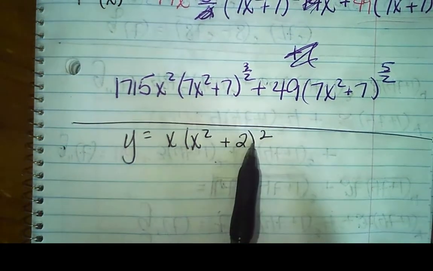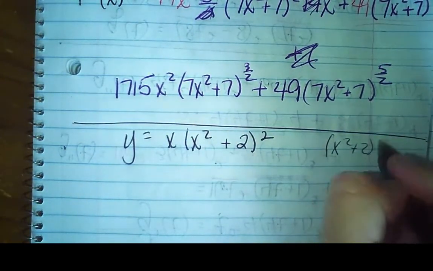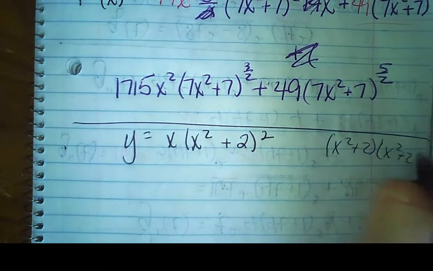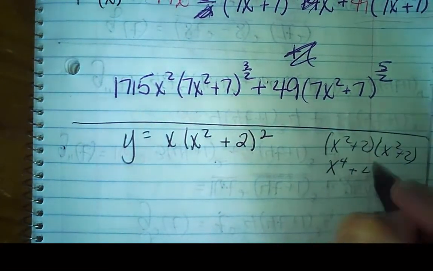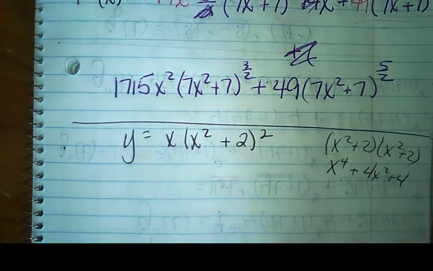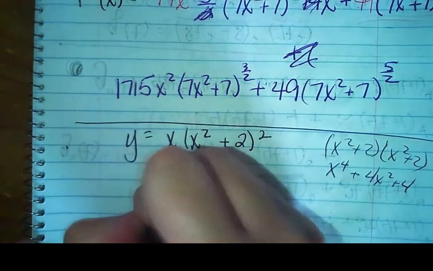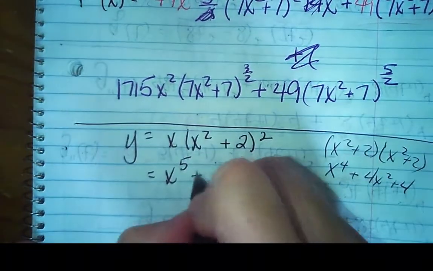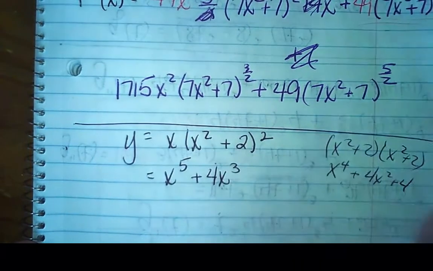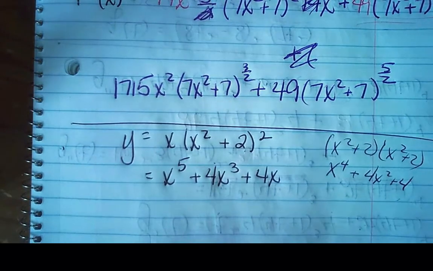You could actually expand this: x squared plus 2 times x squared plus 2 gives x to the 4th plus 4x squared plus 4. Now I can distribute this x through, so I have x to the 5th plus 4x to the 3rd plus 4x.